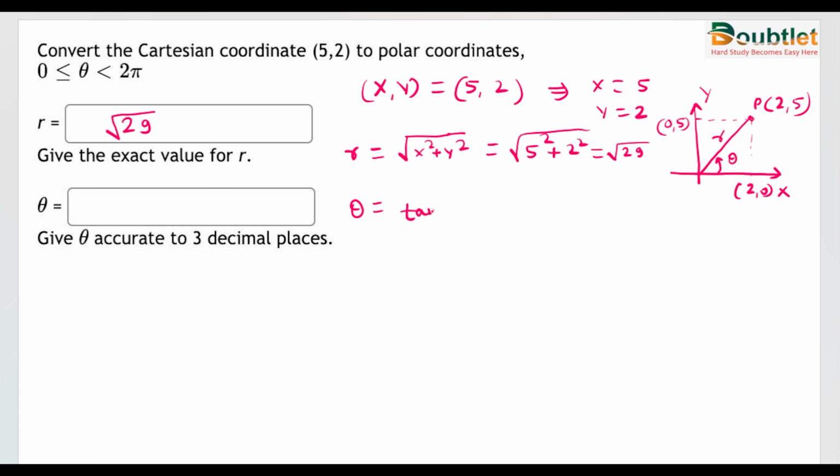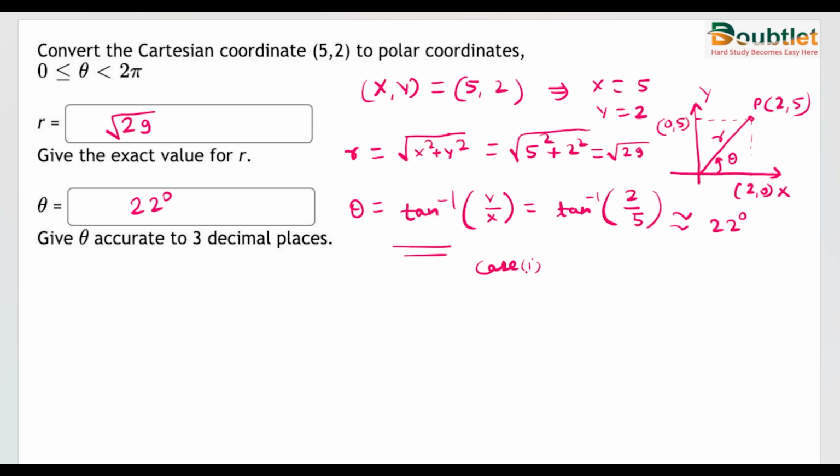We will just use the formula tan inverse of y divided by x, putting y value as 2 and x value as 5. This cannot be solved manually, so we have to use the calculator. After using the calculator, the value is around 22 degrees, and we can also write it up to 3 decimal places, whether in radians or degrees. So this is the first question, case 1, where the point lies in the first quadrant.